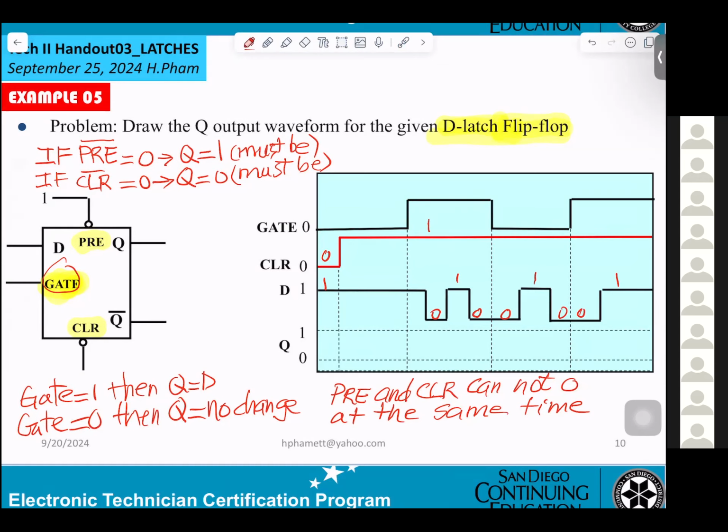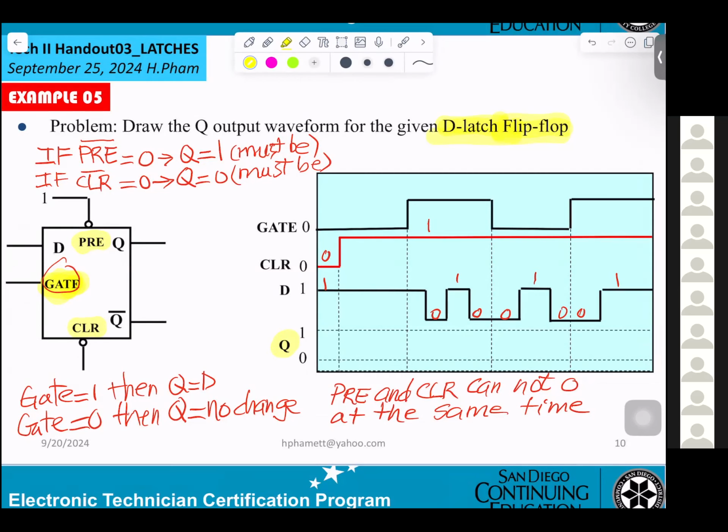Now they want you to draw Q. Who can draw that? Q here. At the beginning, what is Q? 0, low.